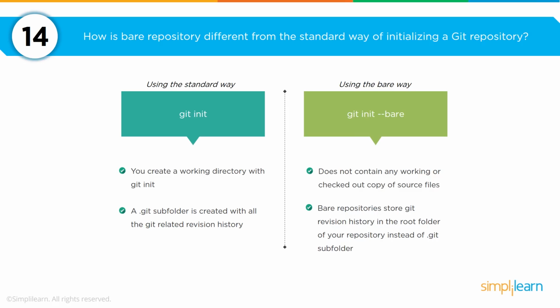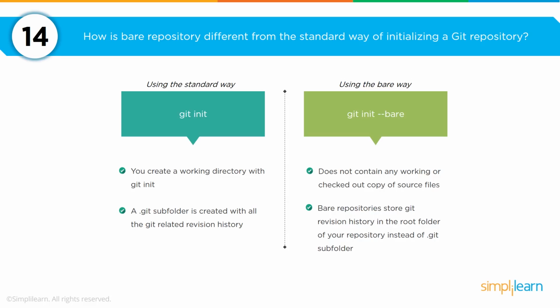One question you may be asked is, what is the difference between a bare repository and the standard way of initializing a Git repository? Let's look at the standard way. The standard way, using git init, allows you to create a working directory, and the folder it creates holds all the revision history related to the work that you're doing.